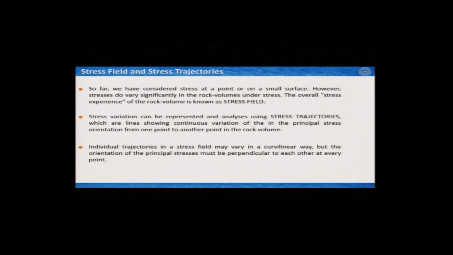Now, there is also one point that we would like to learn at this stage, that we have considered so far stress at a point or stress on a surface, but you consider a lithospheric scale or a few kilometers or a few 100 kilometers.